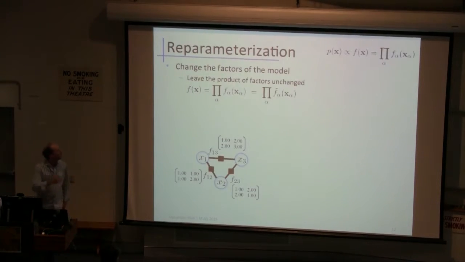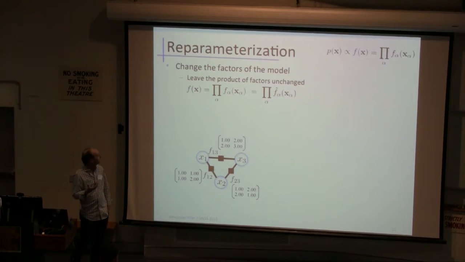Okay, so one of the key tools that we're going to use for variational inference and reasoning is an idea called reparameterization. Reparameterization is an operation which changes the factors of our model, but leaves the actual model unchanged.